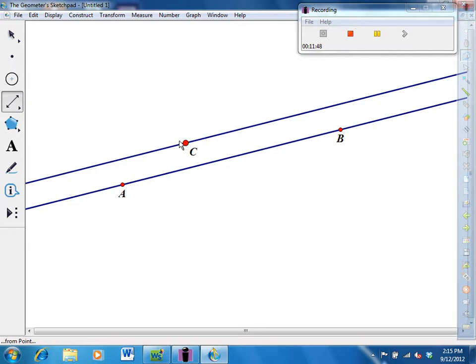You have to make sure you're on that, because if you're on the line, you're not on the point. So you have to make sure things get highlighted. And now it says from point, and then you drag down here, and you have to make sure that this point that I have my arrow on goes through point A.